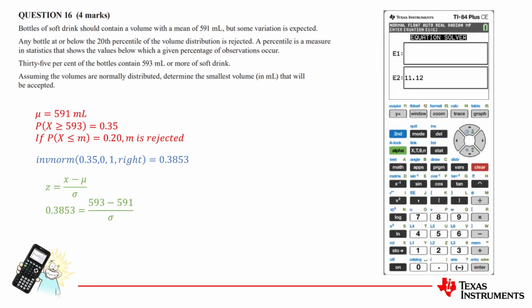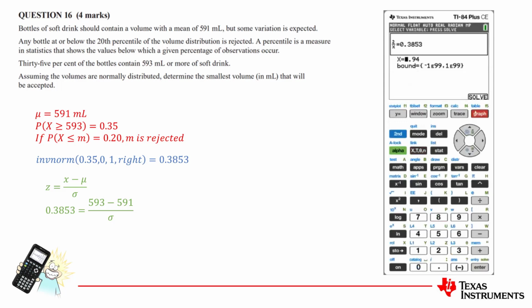So I'm going to make that 2 over x, because we're solving for the standard deviation, and I'm going to find where that's equal to 0.3853. I'm going to hit OK, and again, I can see that's 5.19, which is what I've got written down here. So 5.19 ml, that's my standard deviation.